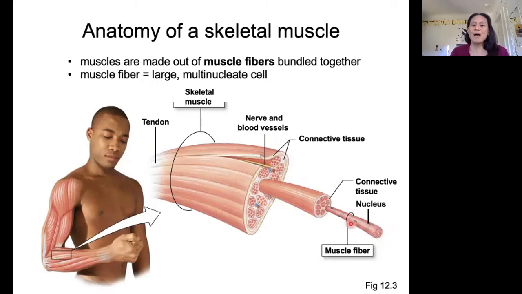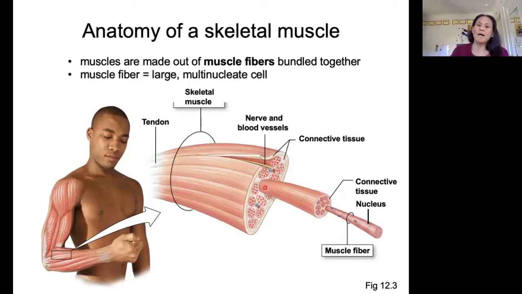Okay. Those muscle fibers actually get bundled together in these little bundles, which we call fascicles, but don't worry about the name. They're surrounded by connective tissue. Kind of each level of bundling, you get additional connective tissue. There's blood vessels and nerves in that connective tissue.